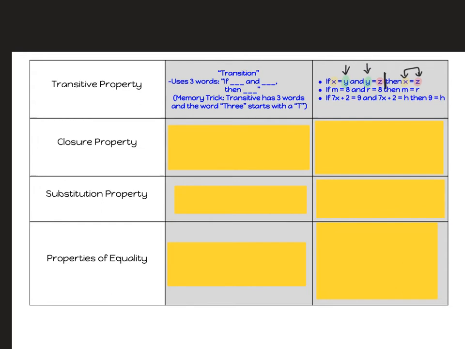All right, so I'm going to highlight the 7x plus 2, just that part of the equal sign, that side of the equal sign with yellow, and I'm going to do that over here because I see it again. I'm going to draw my line before the word then, and then I'm going to highlight 9 with blue, and it's over here as well.